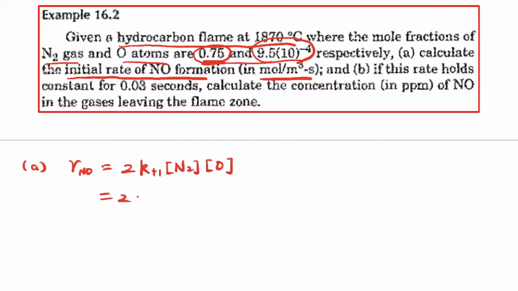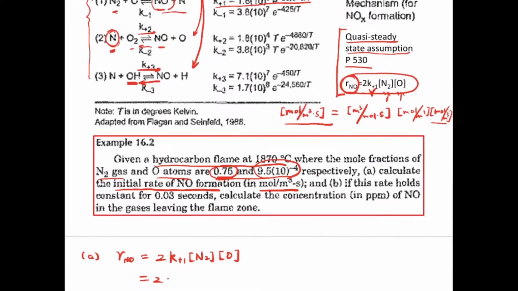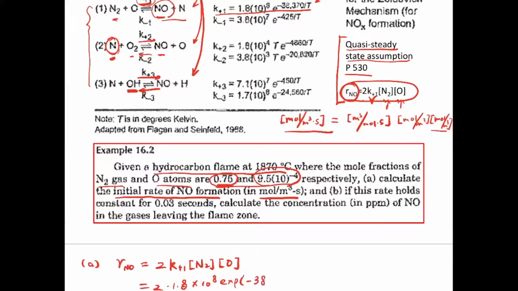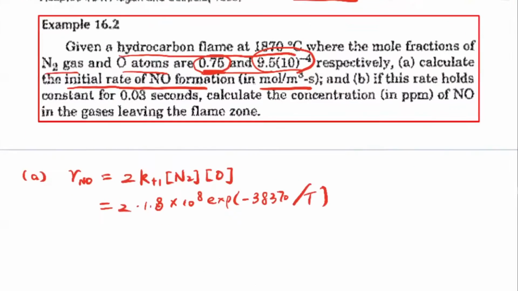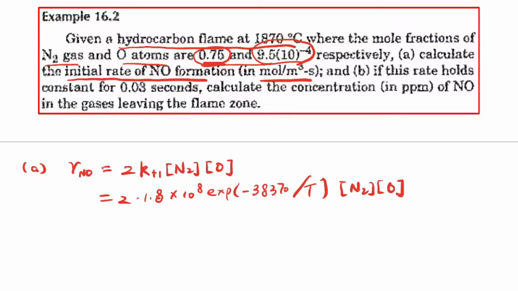So we know that K plus 1 is 1.8 multiplied by 10 to the power of 8 times exponential of minus 38370 divided by T. Okay, and then we need to multiply that by the concentration of the nitrogen molecules and the oxygen radicals.